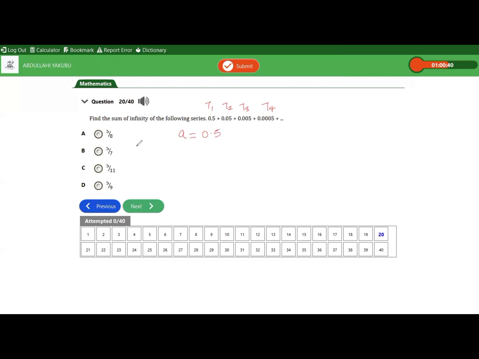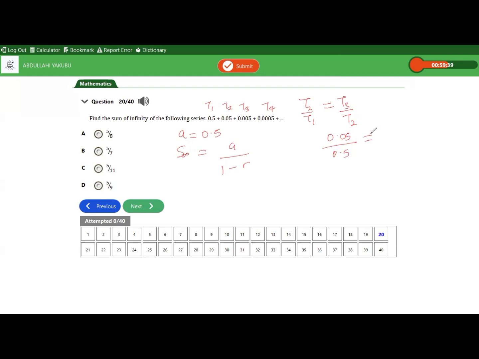So we have to find the sum to infinity. So remember the sum to infinity, S infinity is equal to a all over 1 minus r. So let's find the common ratio with this. So T2 is 0.05 all over T1, which is 0.5.